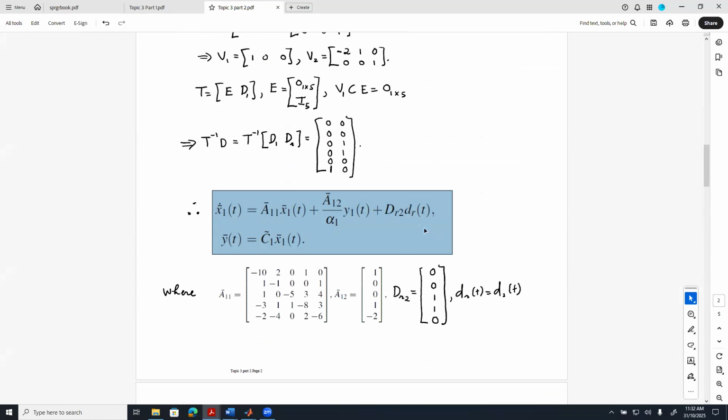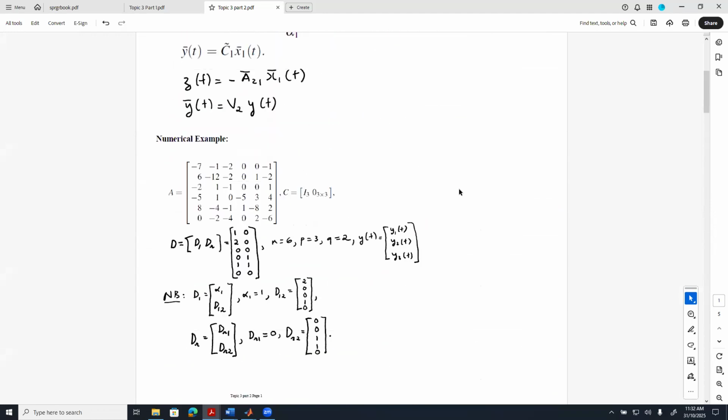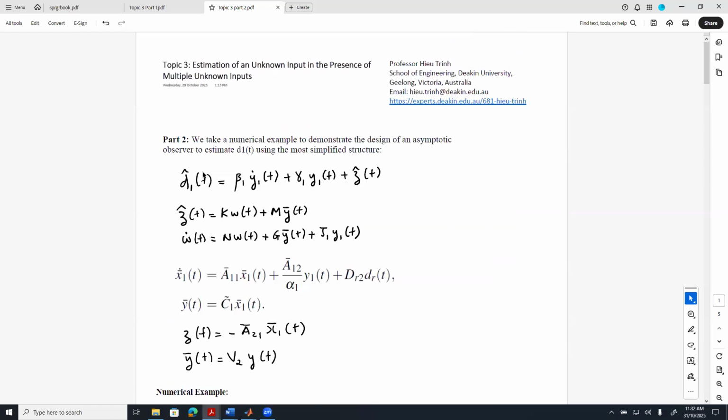Because our primary purpose is to asymptotically estimate a targeted unknown input using a selected output measurement and its first derivative.